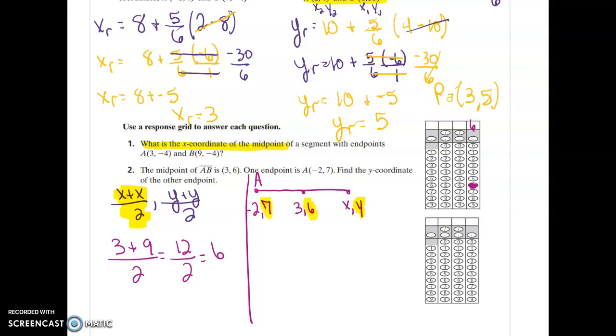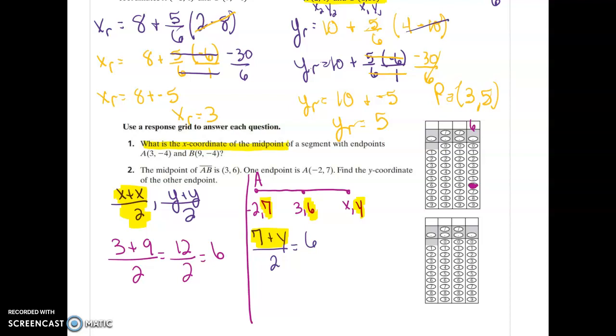So the midpoint, basically, if I add one endpoint, which is 7, plus my other endpoint, which I don't know, cut it in half, I should get 6. All right, so if I want to think about what number would they cut in half, so what would my numerator have to be so that if I divided it by 2, I got 6?